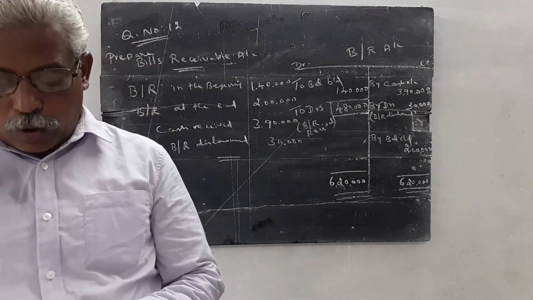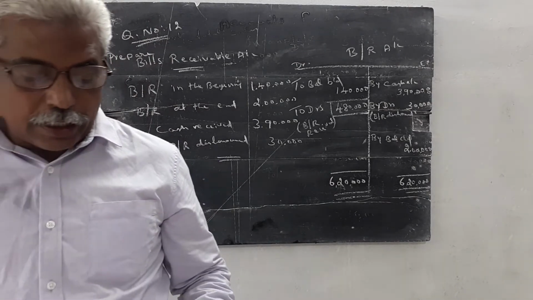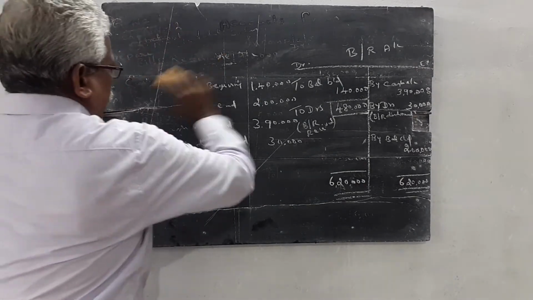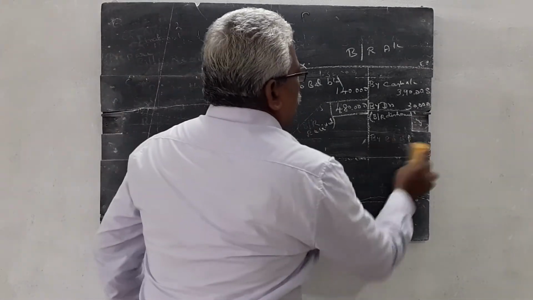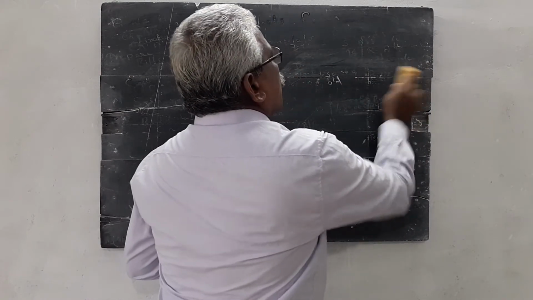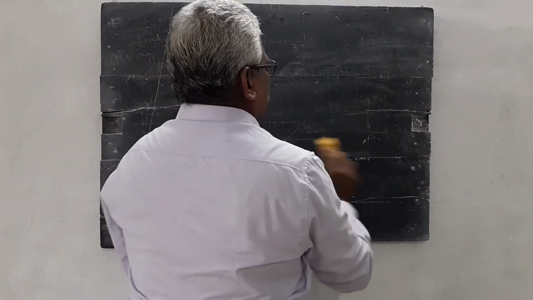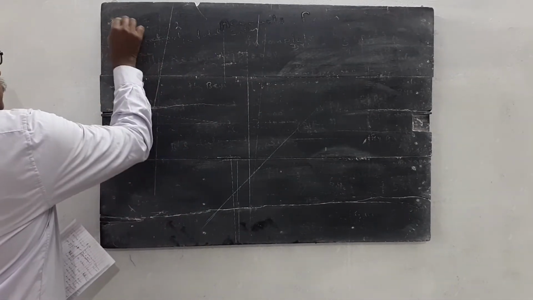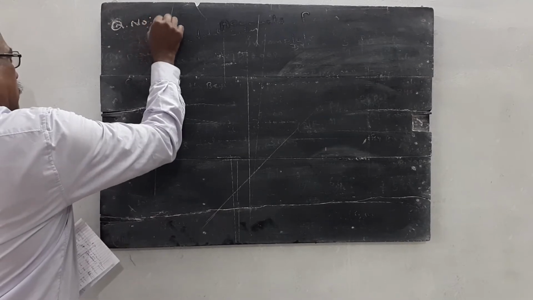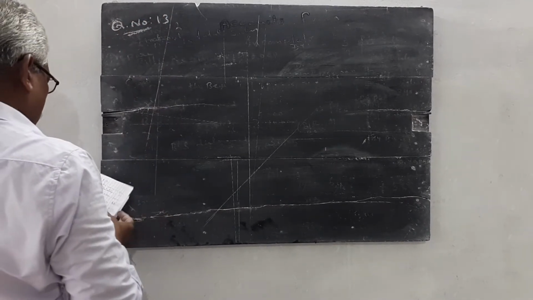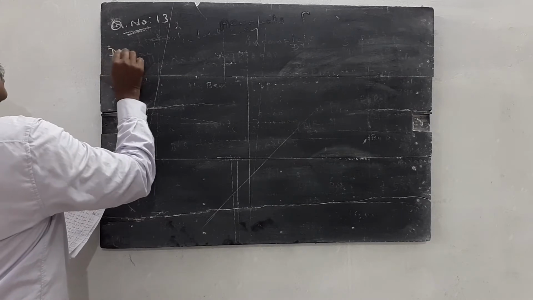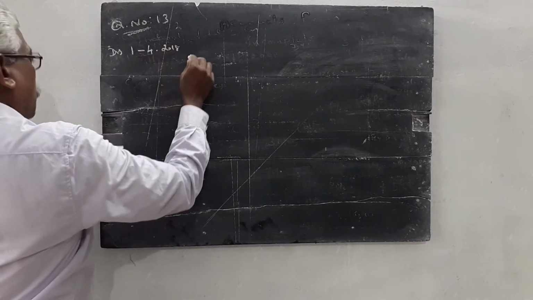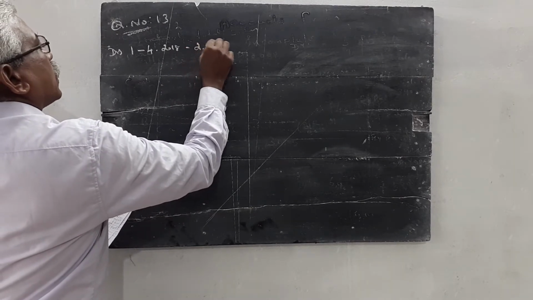Try to do one more question, question number 13. First of all, I want to write the question here. Debtors on 1/4/2018 rupees 2,50,000.